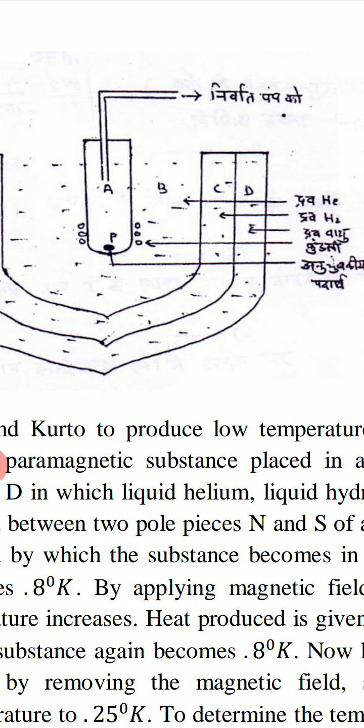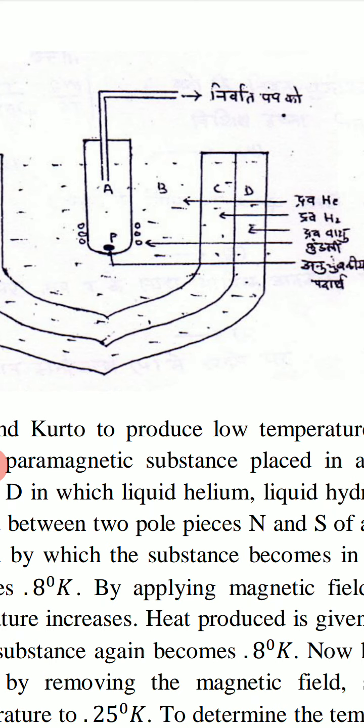By filling the helium gas, this paramagnetic substance comes in thermal contact with this liquid helium, which is filled in Dewar flask B. Glass tube A is inside the Dewar flask B, in which liquid helium is placed.